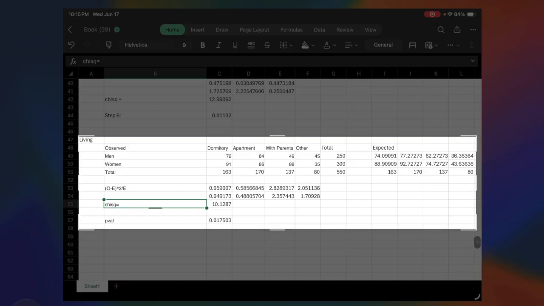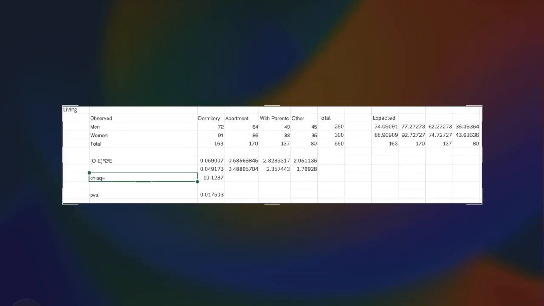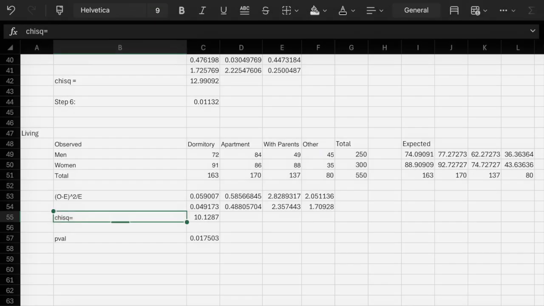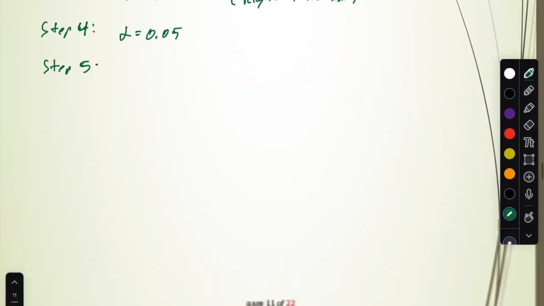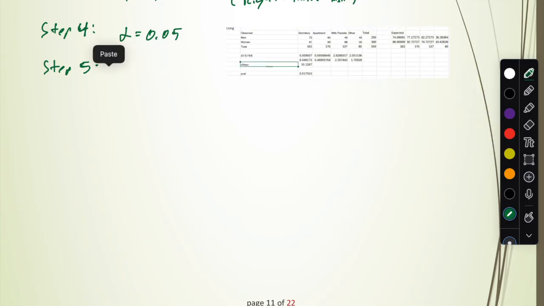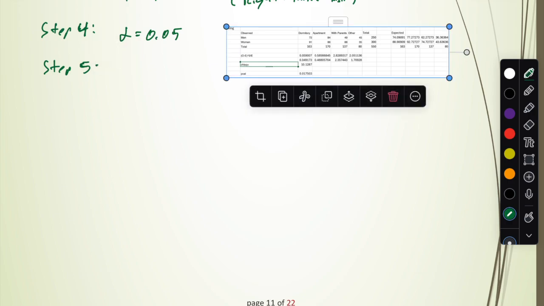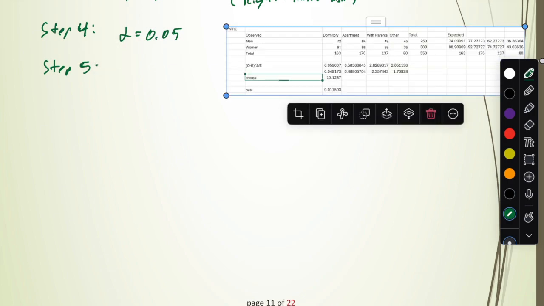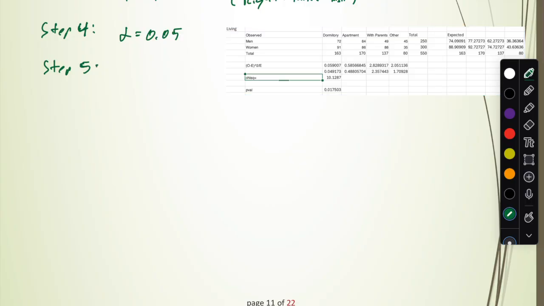We'll keep all of that. Copy and delete. Paste. All right, there is my test statistic and my p-value.